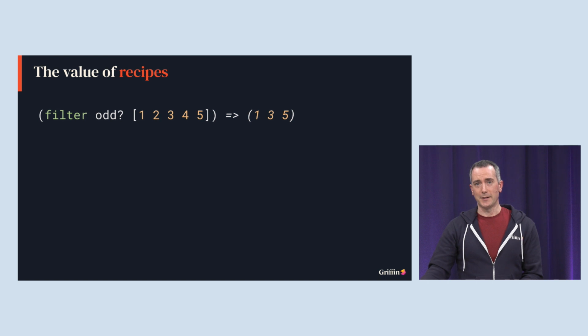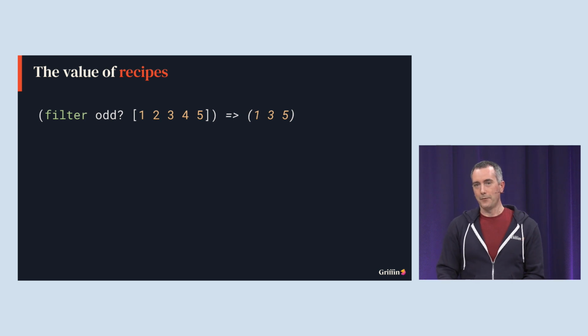So this is some pretty basic Clojure code where we've got a high-level function filter. It takes a function odd that is true or false, and you pass in a collection, in this case a vector of 5 numbers, and that outputs the filtered collection. If you've seen Clojure before or any other Lisp, hopefully this looks pretty familiar.